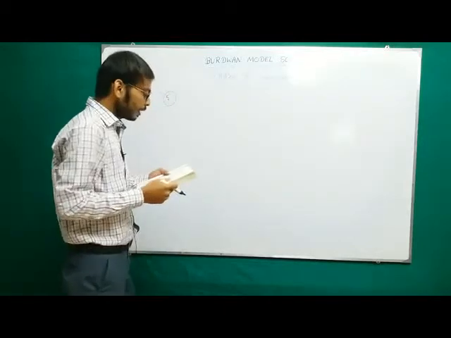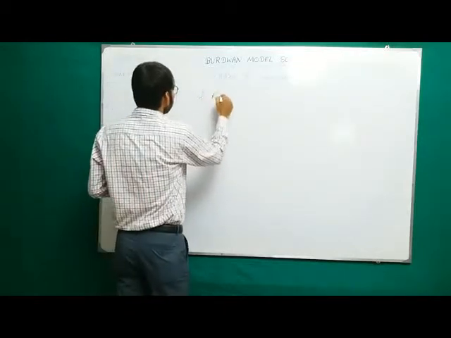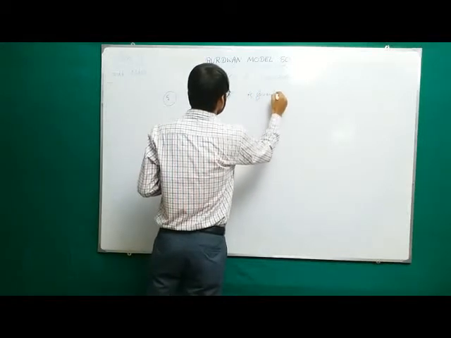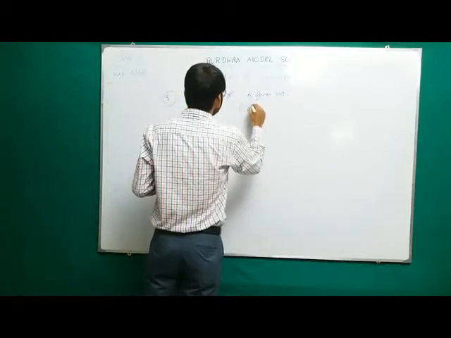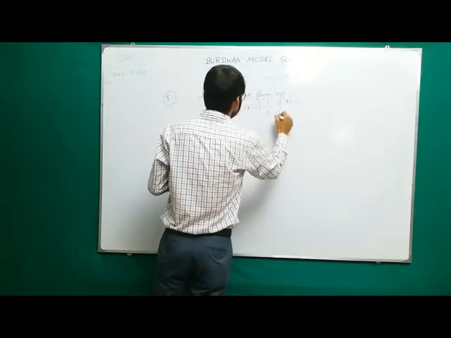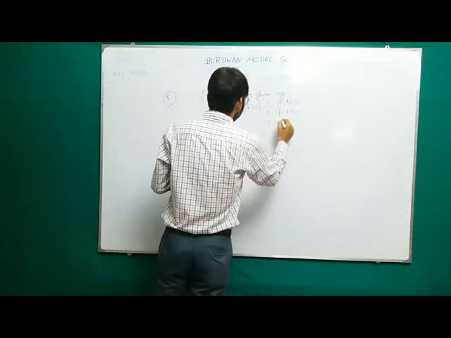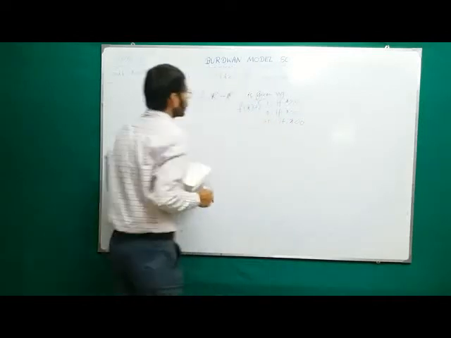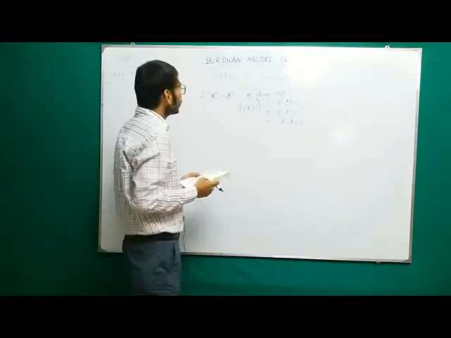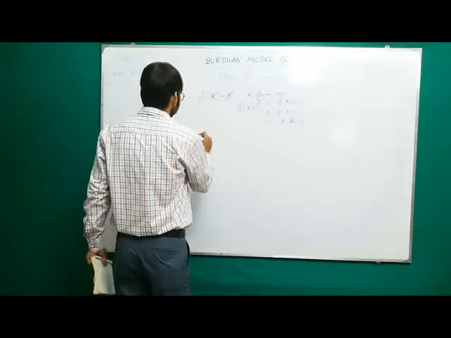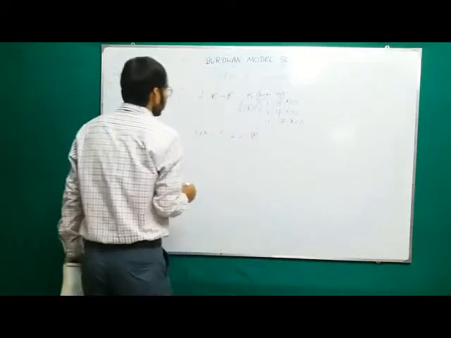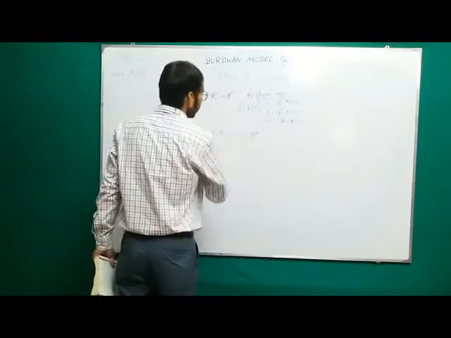Here, the signum function f from real numbers to real numbers is defined as f of x equals 1 if x is greater than 0, 0 if x equals 0, minus 1 if x is less than 0. Now you have to show that it is neither one-to-one nor onto. If I take 5 comma 6 belonging to the real numbers, you can see both 5 and 6 are greater than 0.